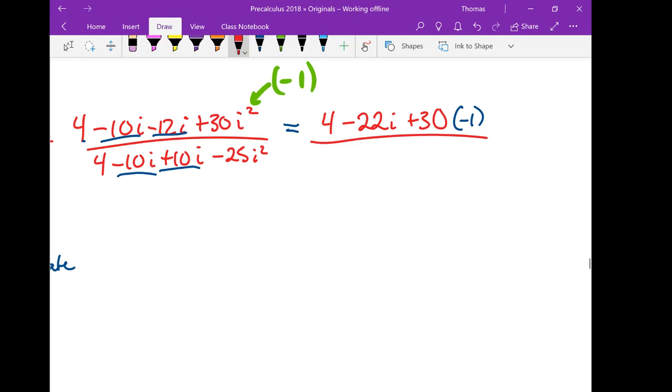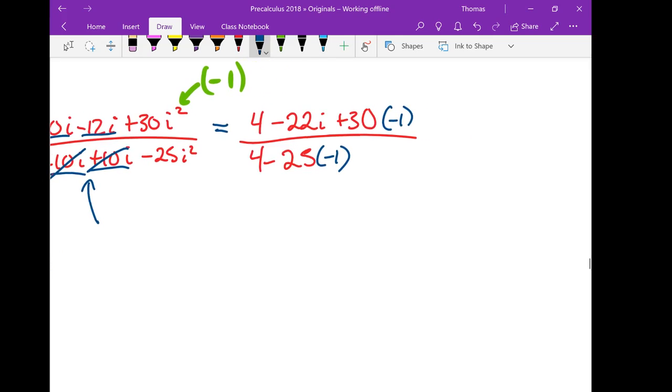On bottom, we've got 4. This negative 10i and this positive 10i, those are opposites. So they're actually going to cancel each other out when we combine. We're left with minus 25, and again, i squared is equal to negative 1. We simplified in 2 steps there. We combined our like terms, and we also substituted i squared equal to -1.